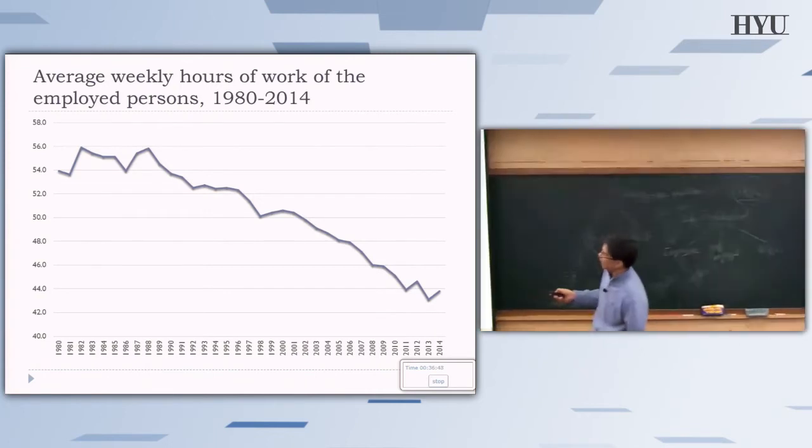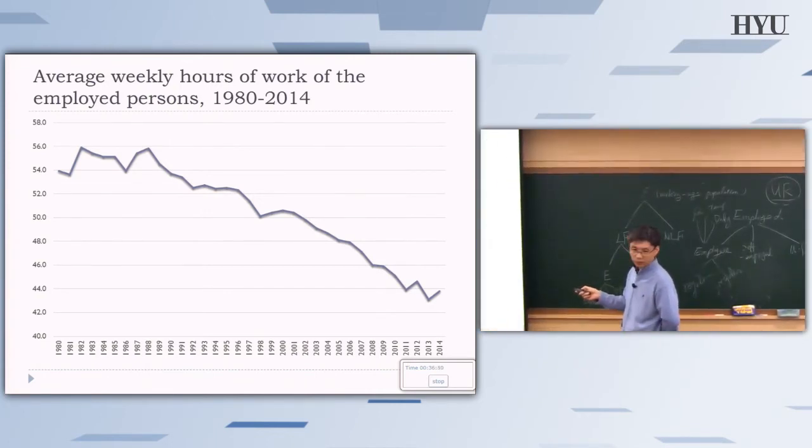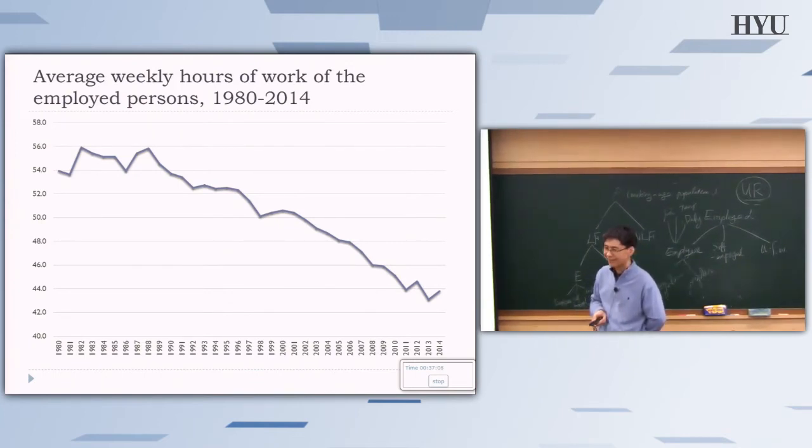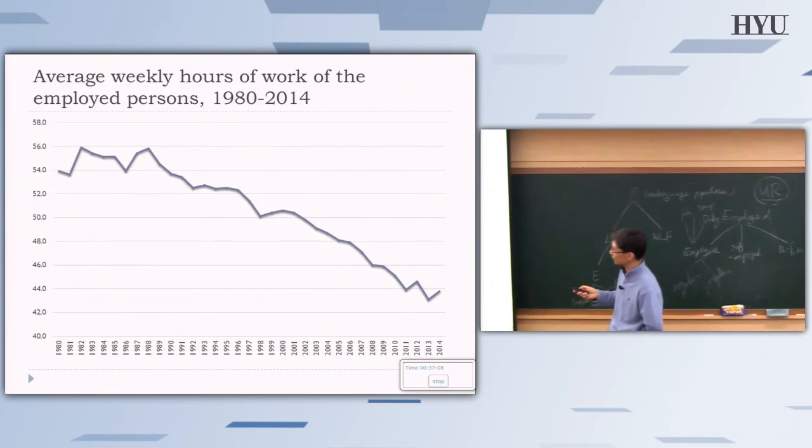In the early 1980s, Korean people, on average, worked more than 54 hours a week, 55 hours a week. Anyway, that's very long. Okay? It's very long.